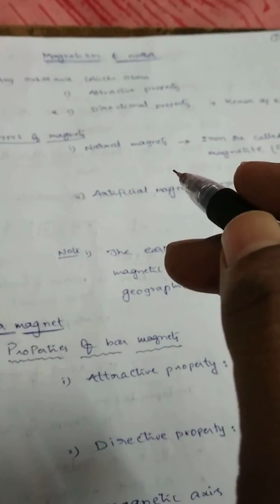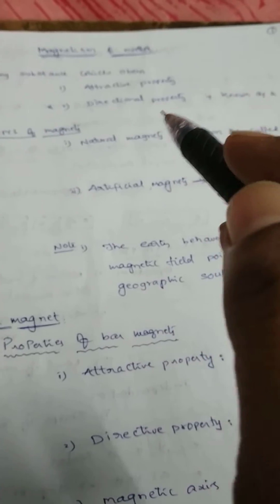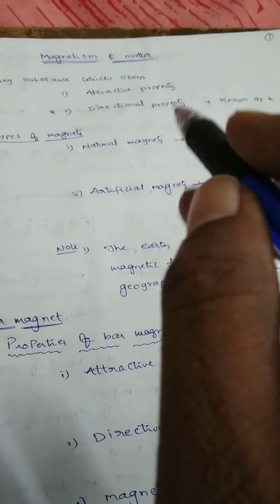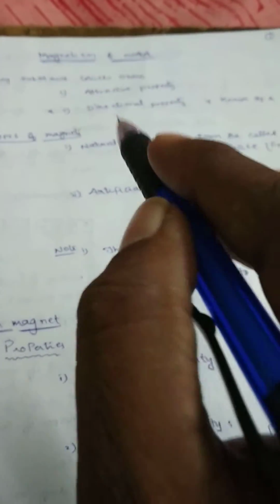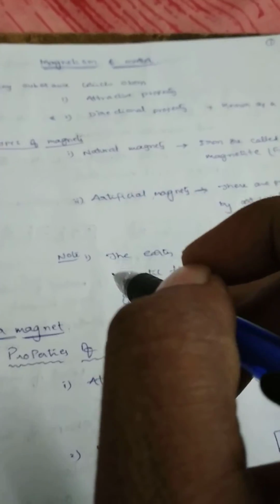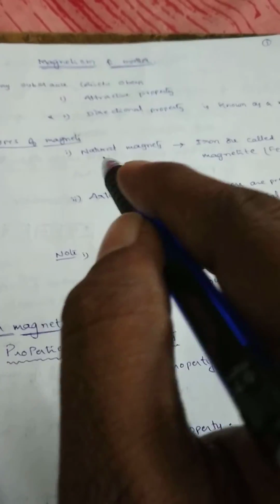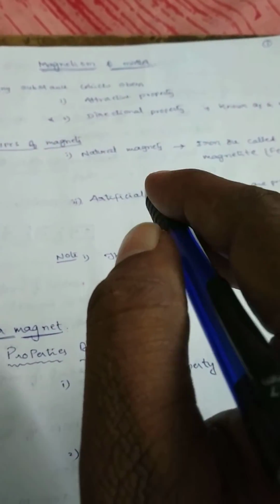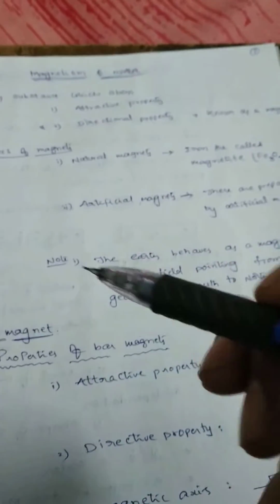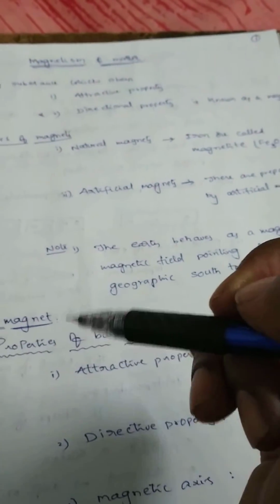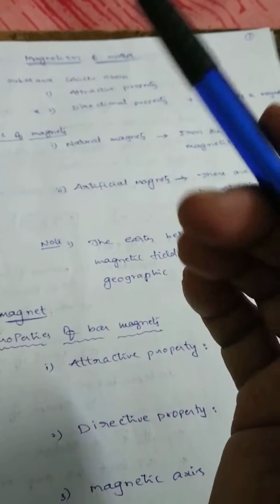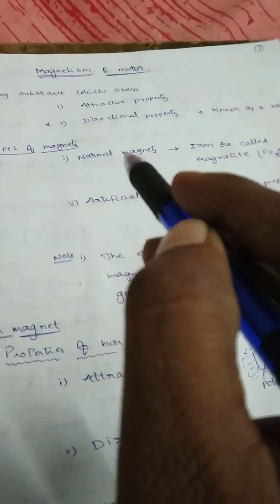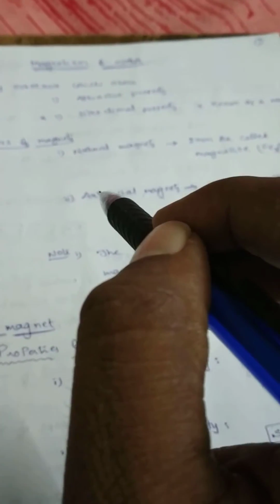Later, the iron ore, when suspended freely in the Earth's magnetic field, always aligned itself along the north and south directions of Earth. Because of this property, the iron ore was called lodestone or leading stone. But the shape and size of the natural magnets are very irregular, and their magnetism is also quite weak.